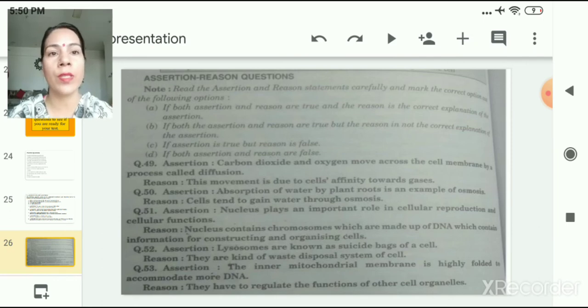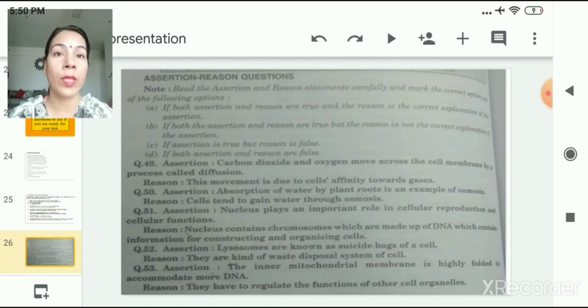And the reason for this is this movement is due to cells' affinity towards gases. Second question's assertion is absorption of water by plant's root is an example of osmosis. Correct. So the reason for this is cells tend to gain water through osmosis.